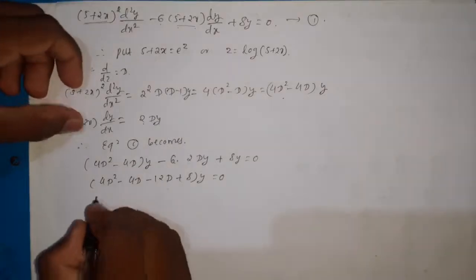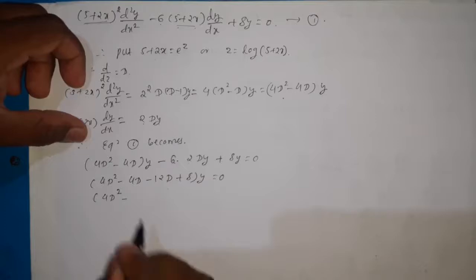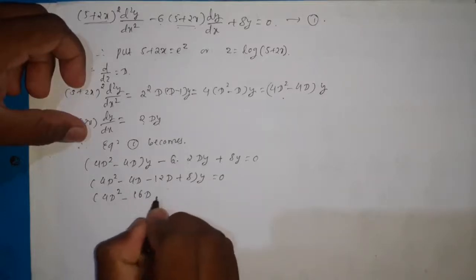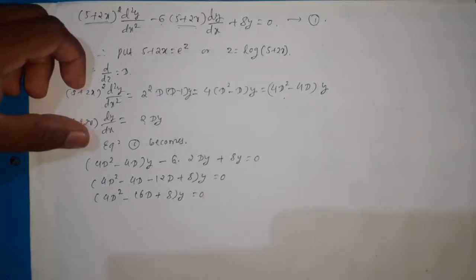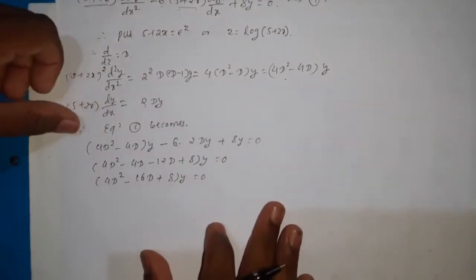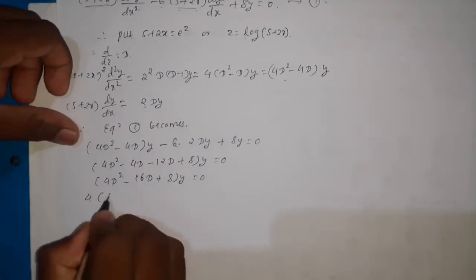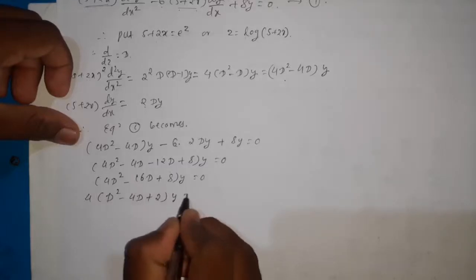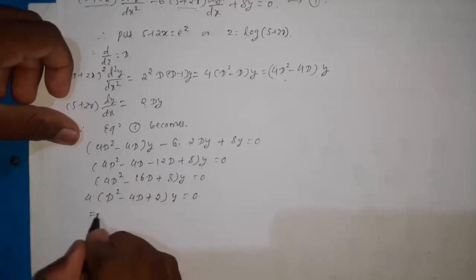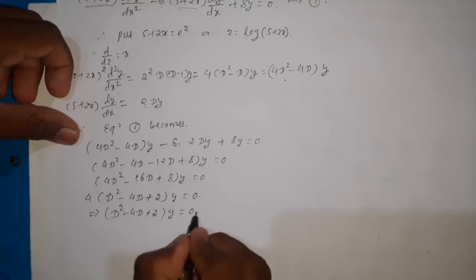Now we can take 4 common, so 4(D² − 4D + 2) y = 0, which implies (D² − 4D + 2) y = 0.